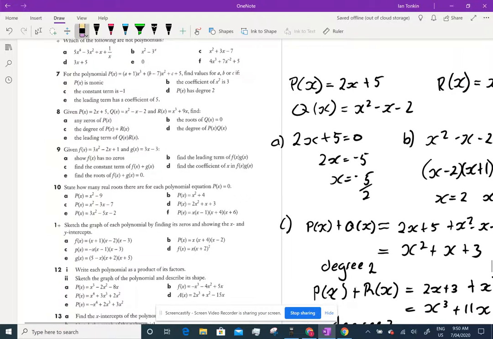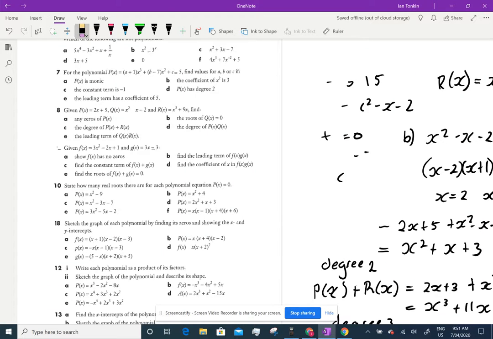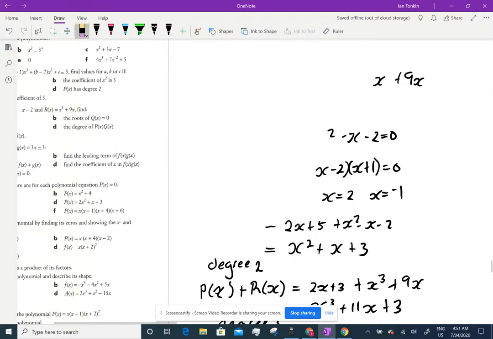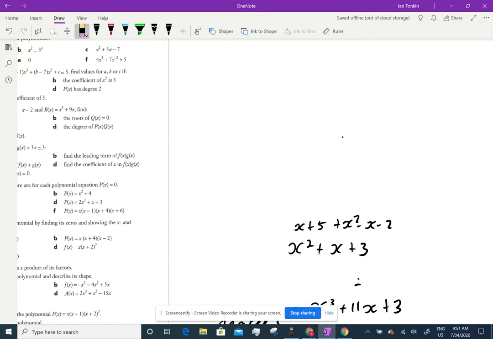So let's have a look now at question 10, because there are a whole lot of polynomials here. How many real roots for each polynomial? So these are going to involve just factorising or looking at the discriminant if it's a quadratic, because we just have to work out how many.